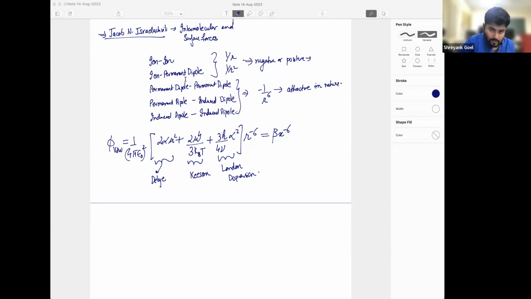So this is 3/4 h nu, because according to the book, what I am looking at, 3/4 should be there.